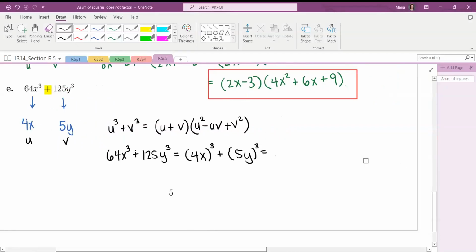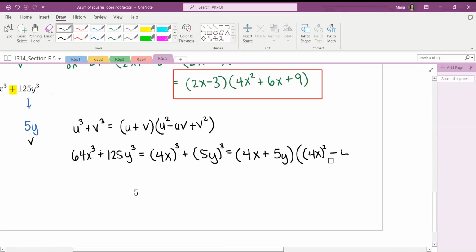So this is going to be u, which is 4x, plus v, which is 5y, times the u squared, so 4x quantity squared, minus u times v, so 4x times 5y, plus v squared, so that's going to be 5y quantity squared. Okay, clean it up.